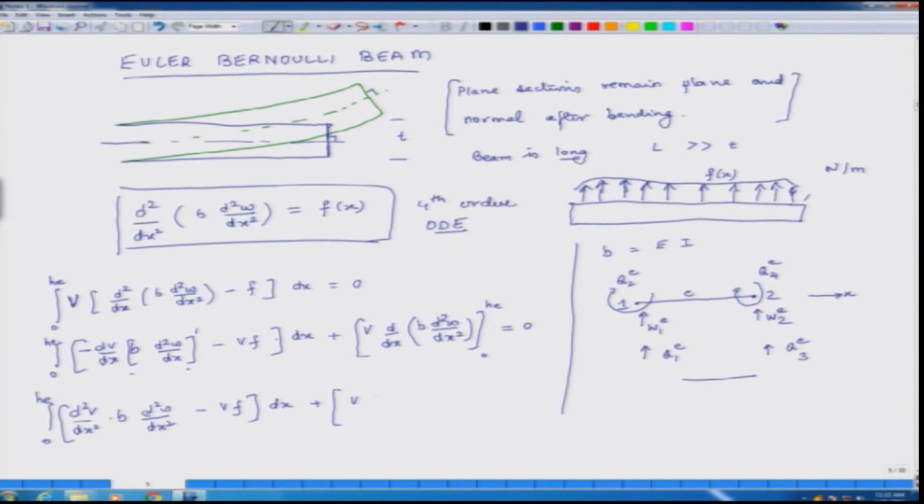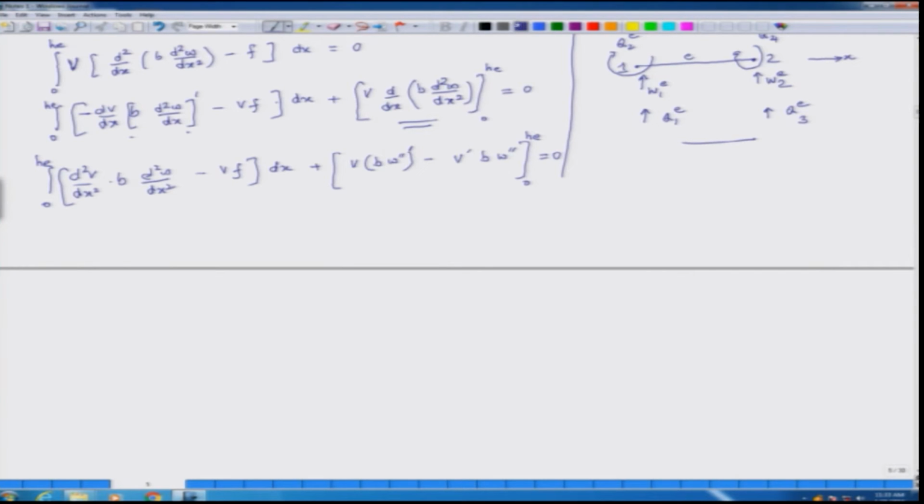One is V times d by dx of B W double prime, which is the same as the earlier term, and the other term is V prime B W double prime, evaluated at 0 and h e, and this equals 0. Now, let us look at this equation in a little bit more detail. So, this is my weak form.